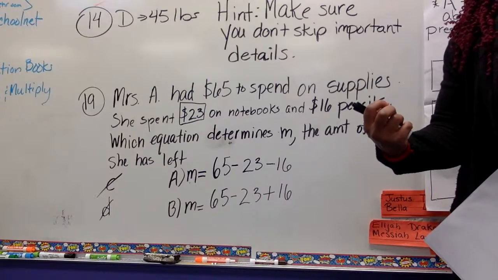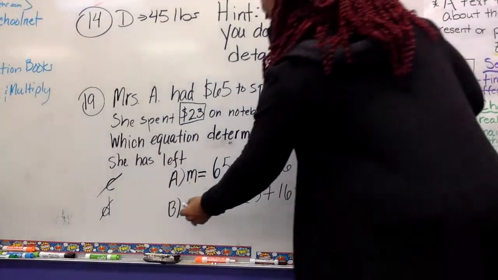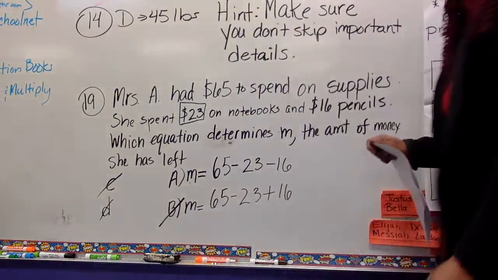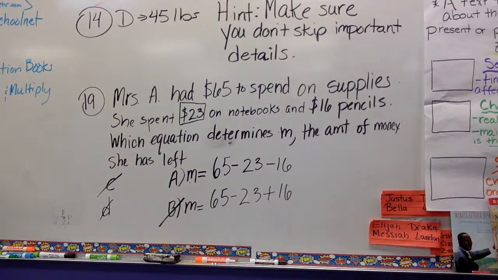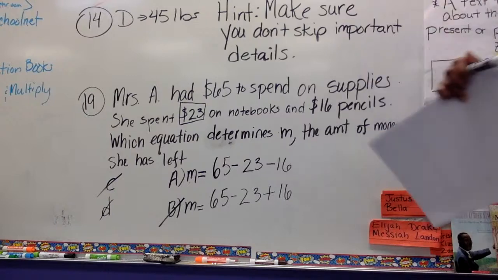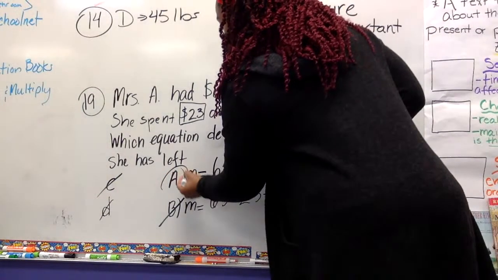Levi? She's going to have to subtract. So we can cross out what other answer choice, Brooklyn? B. Go ahead and do that now. Our only other choice is A. Go ahead and circle A.